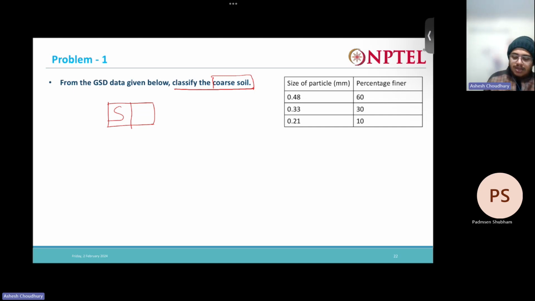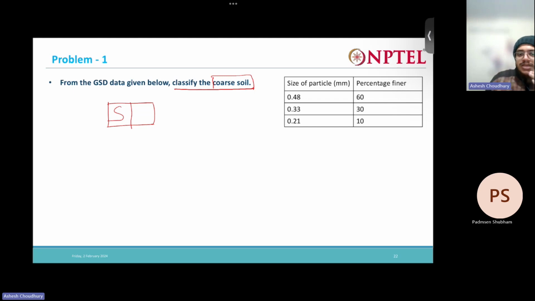It is given that the percentage finer than 0.21 mm is 10%. Nothing is mentioned about the size smaller than 75 micron.